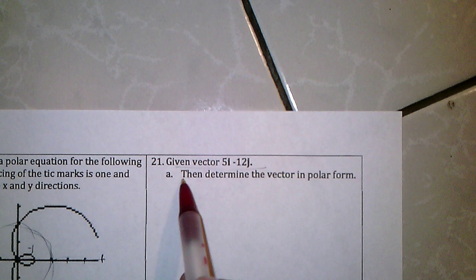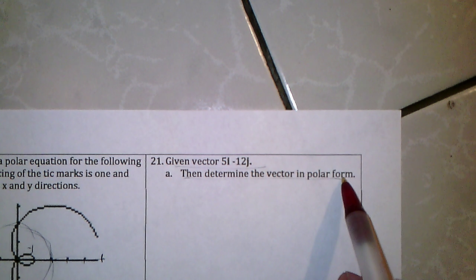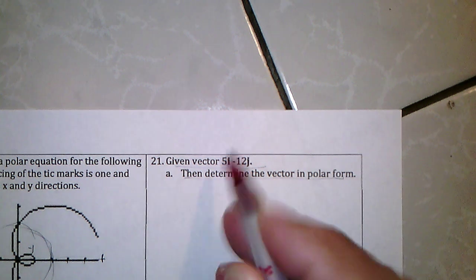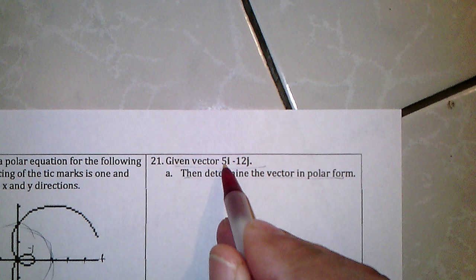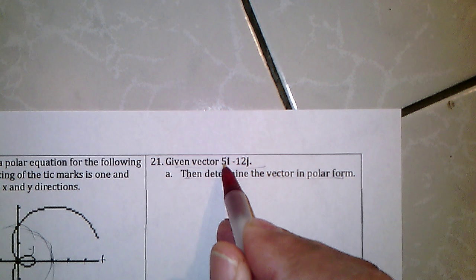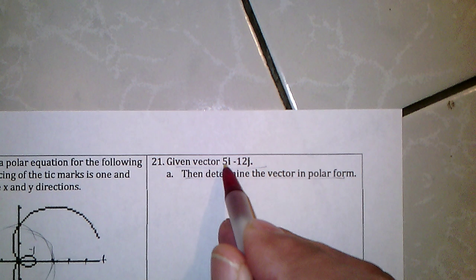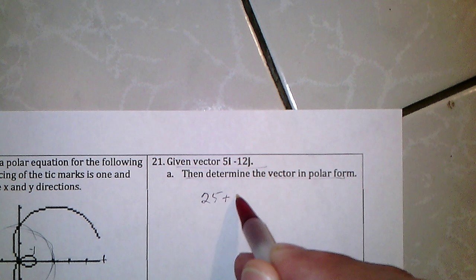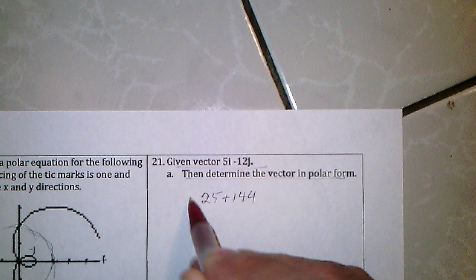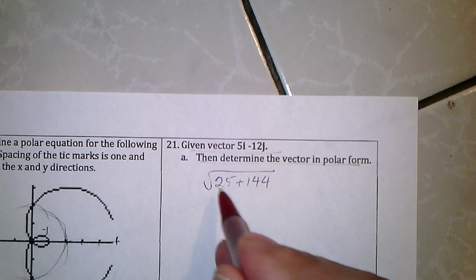Given this vector, determine the vector in polar form. So the radius would be 5 squared, 25 plus 144, square root. So that's 169.